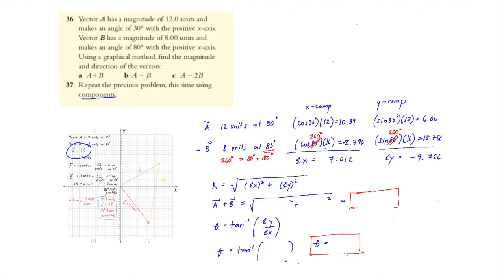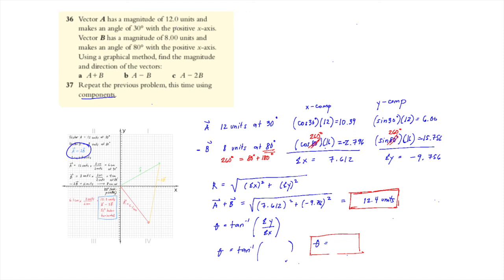And so this one will be 7.612 squared plus negative 9.756 squared, and the result would be 12.4. So not bad. This one will become 12.4 units, and if you try to see on our graph, the graph says it's 12.2 units.